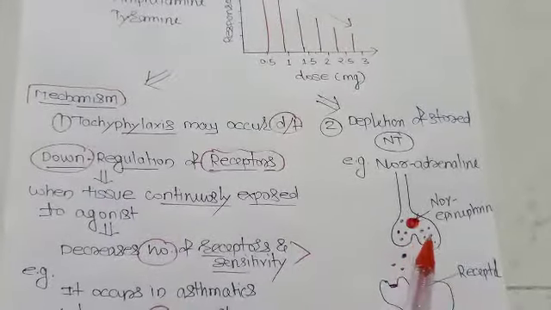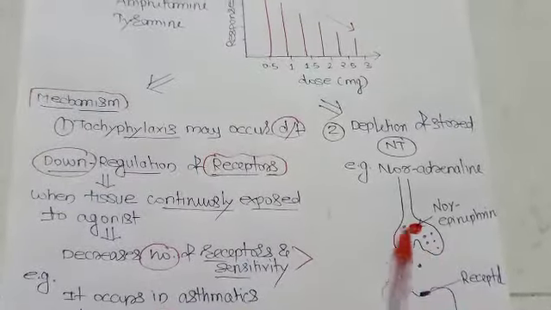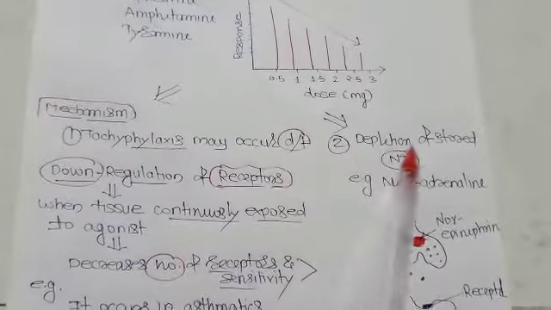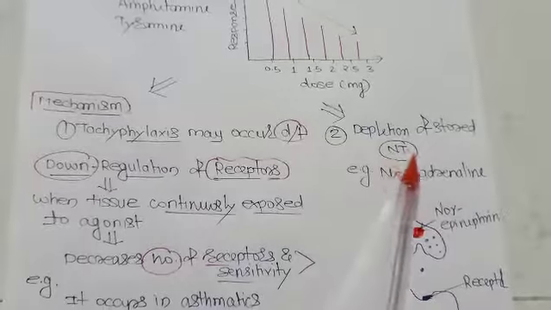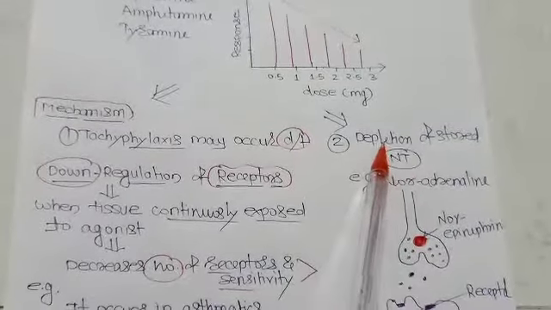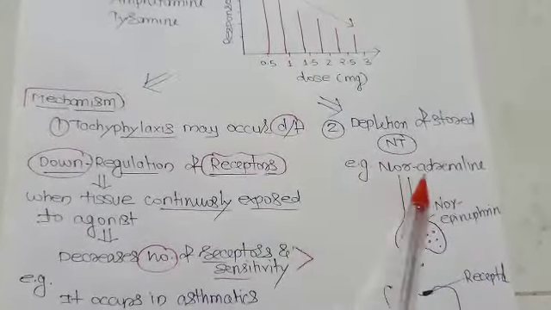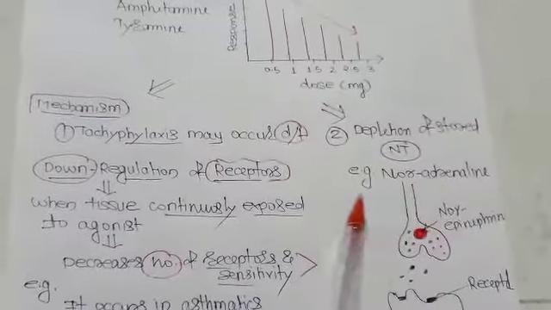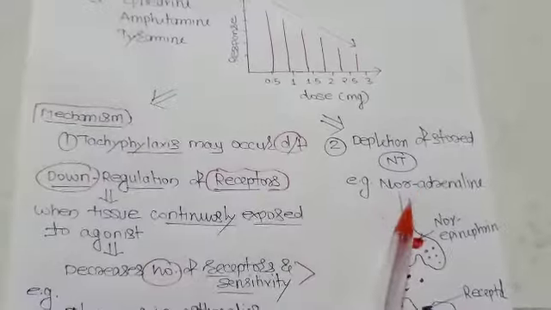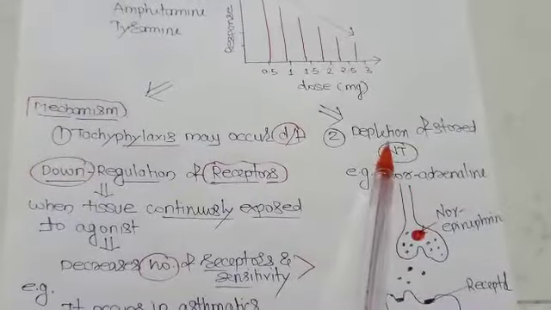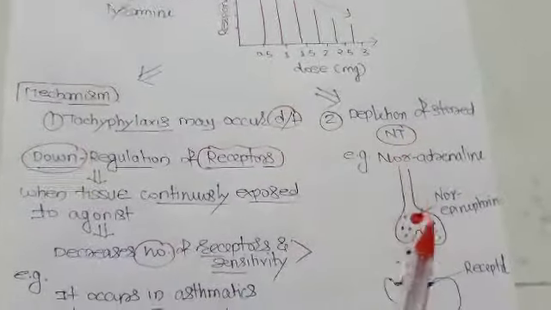But if there is depletion of the stored neurotransmitter, there is exhaustion of it. Why is there exhaustion of the stored neurotransmitter, particularly noradrenaline? Because of continuous, repeated and excessive use of the drug, there is depletion or exhaustion of the stored neurotransmitter.